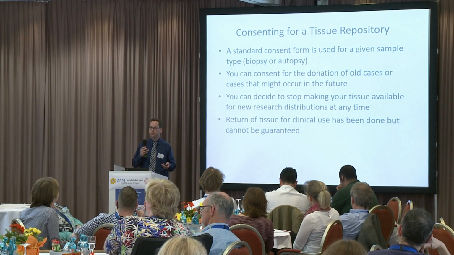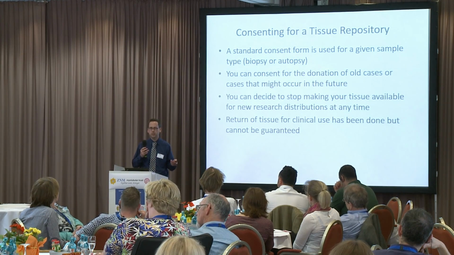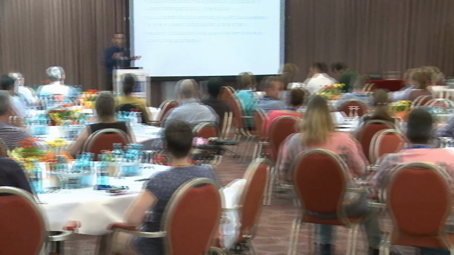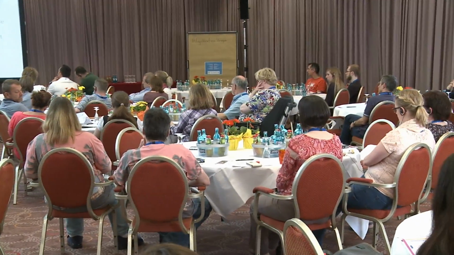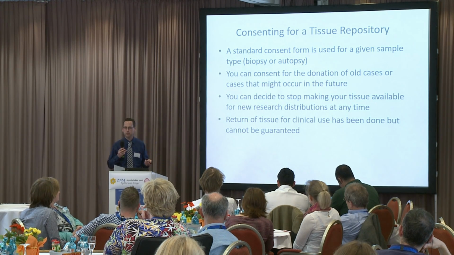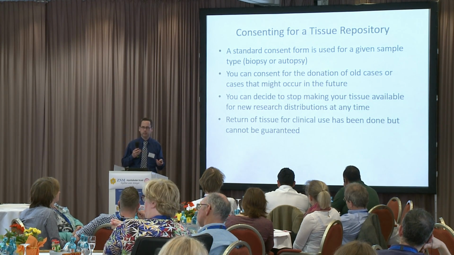In other cases, I know our repository attempts to make it available to the patient's institution for clinical testing once again, if it turns out that they need to use it again. But because we can't predict when people will want something in the future, if a specimen has been entirely donated, obviously we're not capable of going back in time and getting something back or stopping the use of things that have already been distributed.